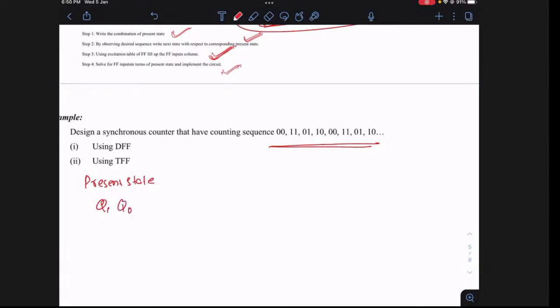The next step is the next state, that is Q1 plus and Q0 plus. Based on this, we'll find the flip-flop inputs. Clearly from the given data, we need 2 flip-flops. So you need D1 and D0 if I'm going with D flip-flops, and similarly T1 and T0 if you go with T flip-flops.